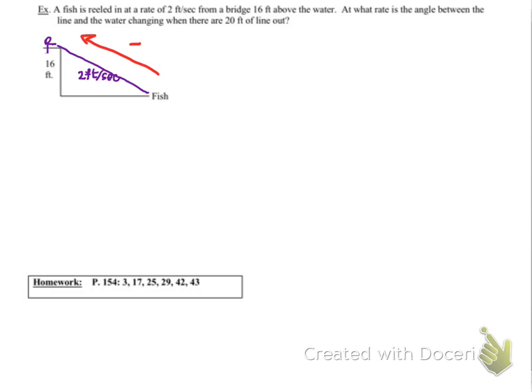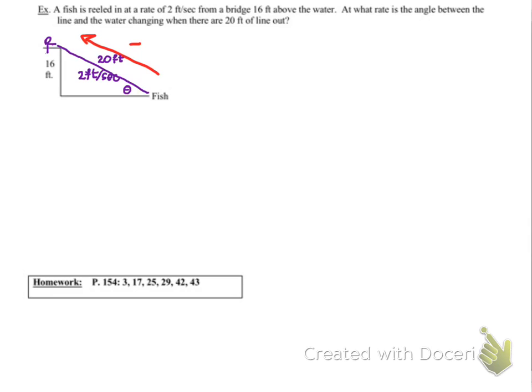Okay, so he's 16 feet above the water, and at what rate is the angle between the line and the water, the angle right there, changing when there are 20 feet of line out? So that's also here.